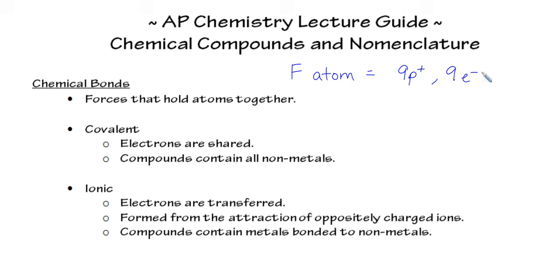To figure out the number of neutrons, we just subtract the atomic number from the atomic mass. The atomic mass is really a combination of the protons and neutrons in the nucleus. Electrons are so small that they're really insignificant when it comes to mass. So if the mass of fluorine is approximately 19 AMUs, we would say there's about 10 neutral neutrons. So here is my neutral fluorine atom.